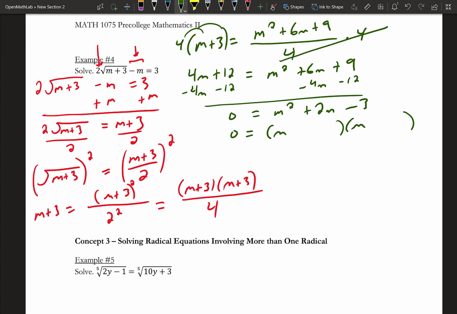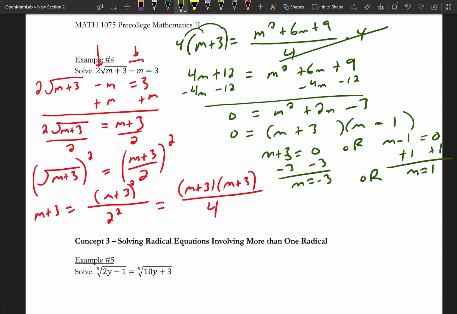And this will work out if I do plus 3, minus 1, right? So then remember what that tells me using the zero factor theorem: m plus 3 has to equal 0, or m minus 1 equals 0. So then I solve each of these for m. So m equals negative 3, or m is going to equal 1.